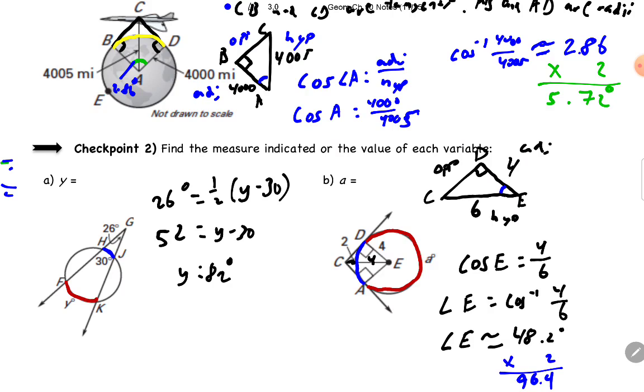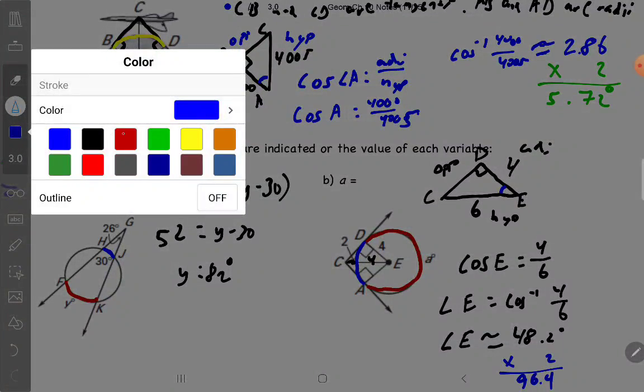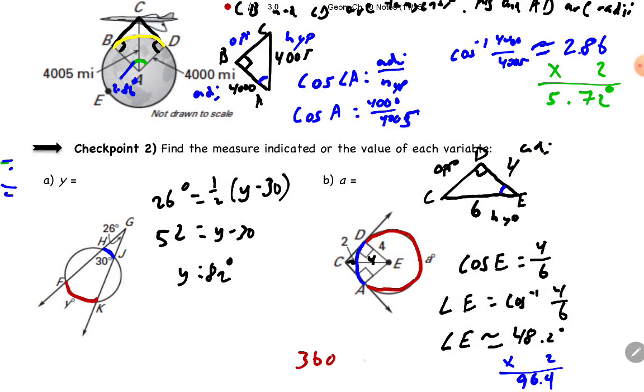To find the red arc, take 360 degrees minus our blue, which is 96.4, which is about 263.6 degrees. Hopefully that helped you out. Have a good day.